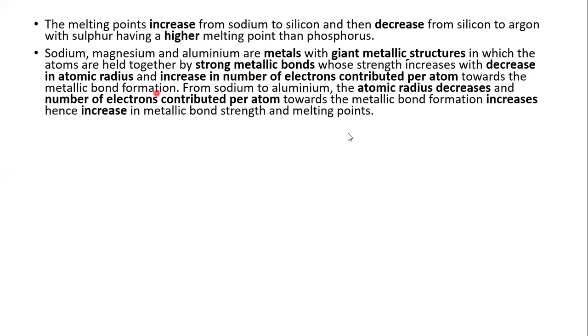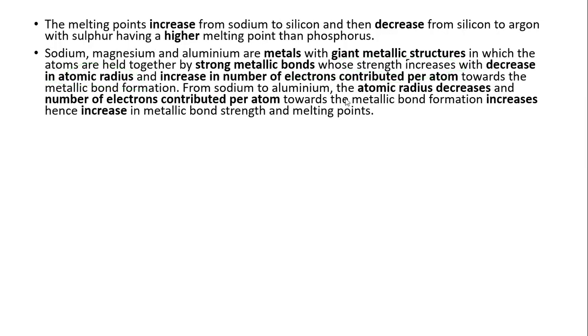Now, from sodium to aluminum, atomic radius decreases. We said that the strength increases with decrease in atomic radius and increase in number of electrons contributed per atom towards metallic bond formation.